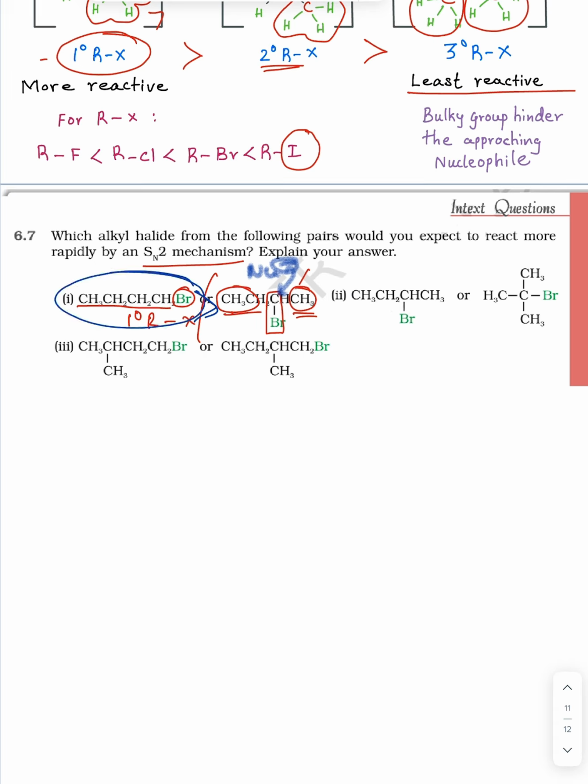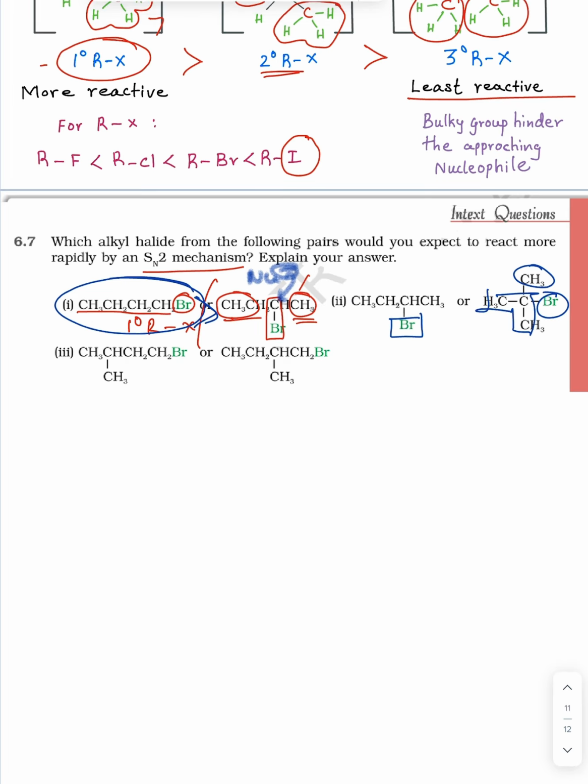What about the second case? In subdivision 2, I have 2-bromobutane, and the second substrate is 2-bromo-2-methylpropane.